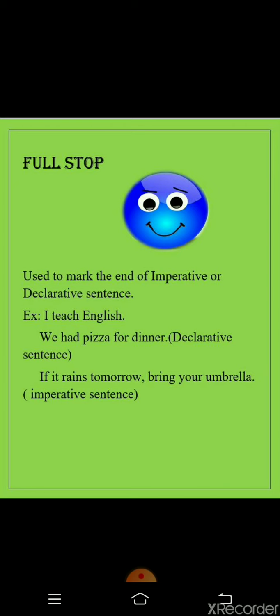This is a command, so this is an imperative sentence. So full stop is used in declarative and imperative sentences. Declarative sentences give information about something or someone. Imperative sentences are requests and commands. This is how we use full stop.